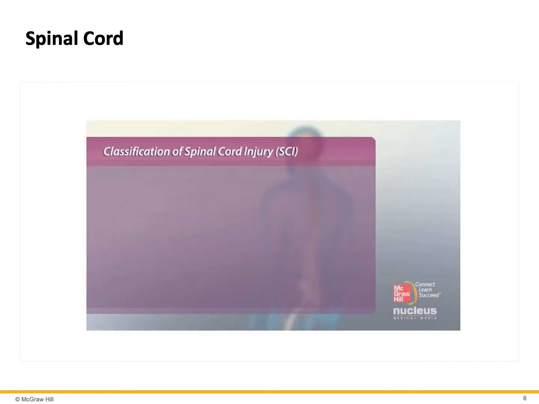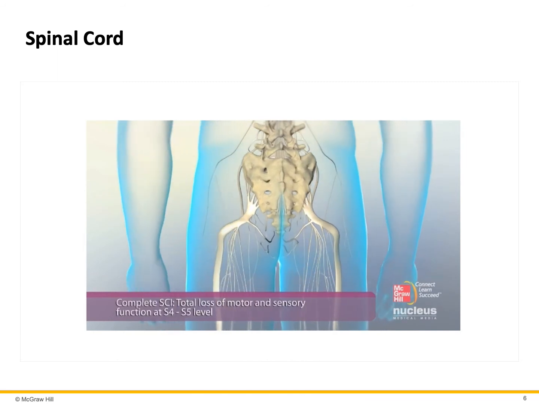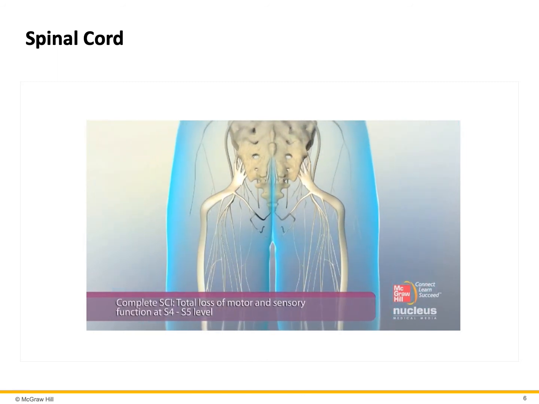The American Spinal Injury Association classifies spinal cord injuries according to spinal cord level and completeness of injury. A complete or level A spinal cord injury results in no sensory or motor function in the S4 to 5 spinal cord segments.